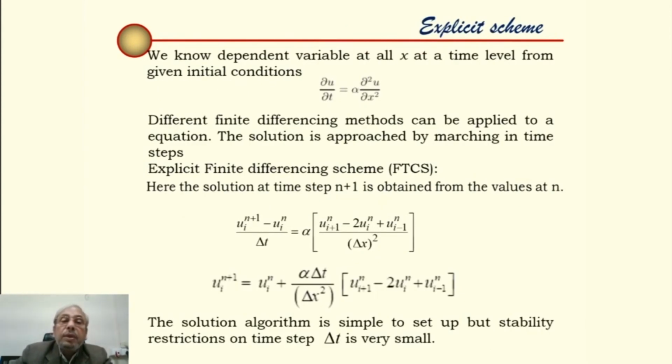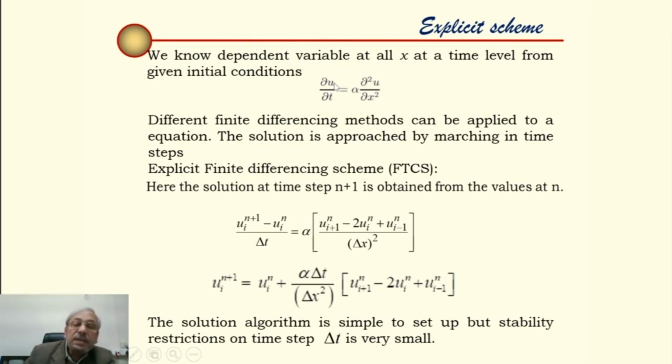We know the dependent variable at all x at a time level from given initial conditions. Now let us again consider del u del t equal to alpha del 2u del x2. Here we have used u as the symbol, but this u can be envisaged as temperature.